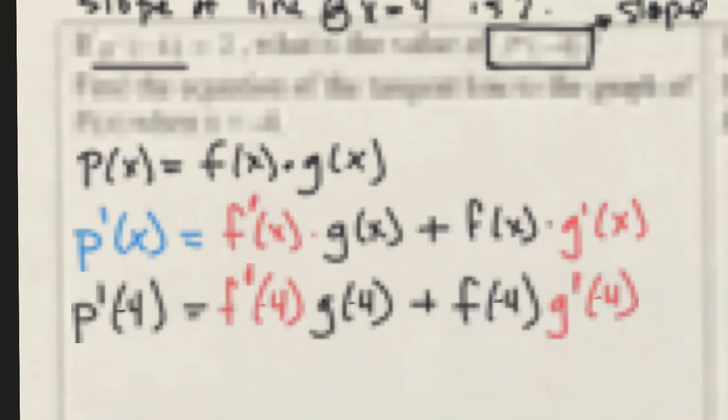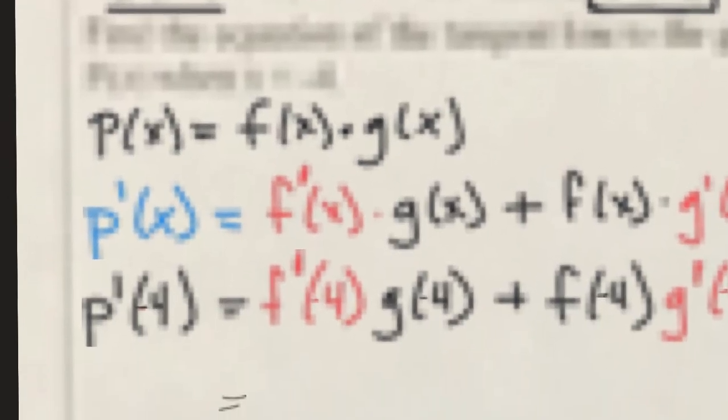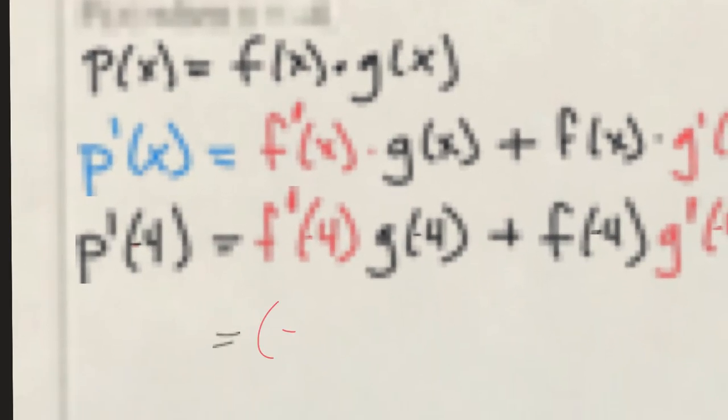Let's first go up and find the slope from F when x is -4. Here's an x value of -4. What's the slope of this line? -1. The slope of the line from our F function at -4 is -1. So I'm going to replace F prime of -4 with -1.